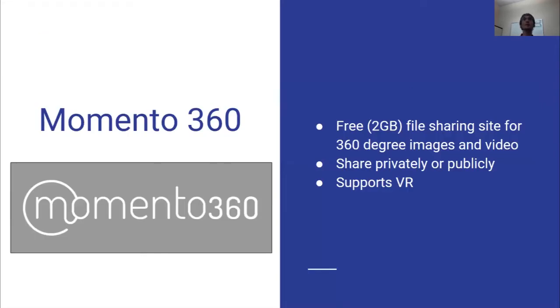For Memento 360, you get 2 gigabytes of free file sharing space for your images or video. The video runs kind of slow, so if you're going to do video, I recommend going with YouTube, but it is possible to share it on this site. You can do things publicly or privately, and it does support VR if you want to use headsets. I've done that with a couple of my images, and it's been pretty cool to look around at things and see the sites.